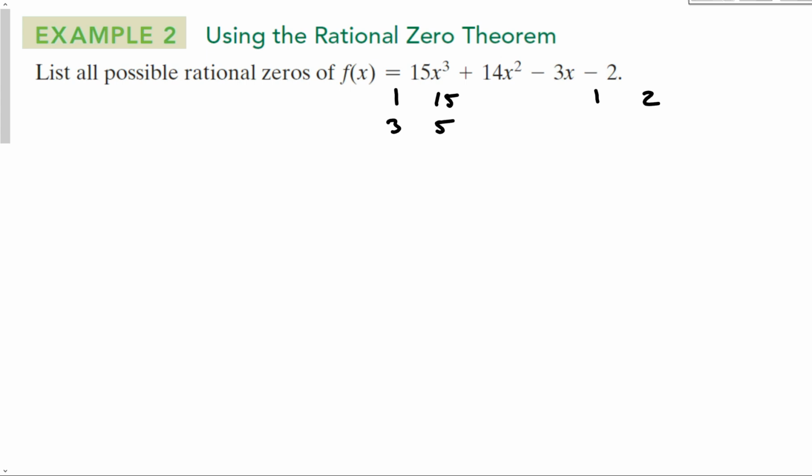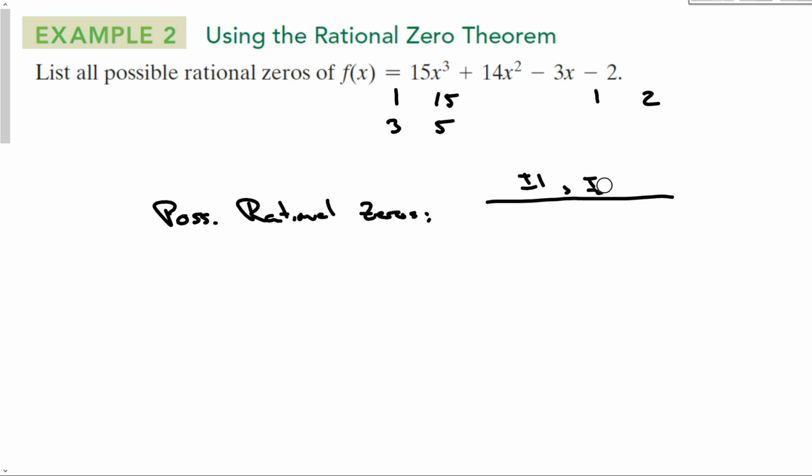Okay, so my possible rational zeros are plus or minus 1, plus or minus 2, divided by plus or minus 1, plus or minus 3, plus or minus 5, plus or minus 15. Okay?